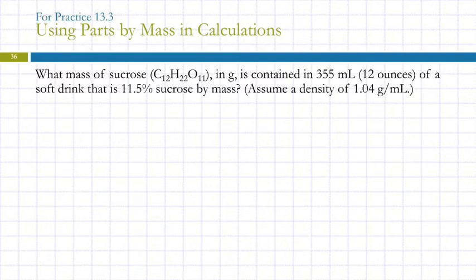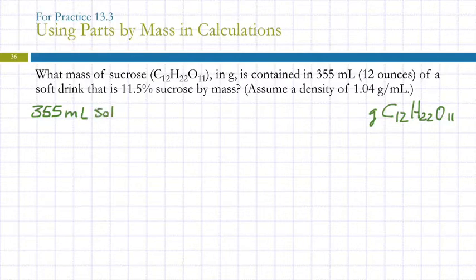So we're asked to find the mass of sucrose. So we'll treat this as a dimensional analysis problem and say, well, we're trying to find grams of C12H22O11. Contained in, so we've got some numbers here. Let's write these down. We've got 355 milliliters of soda.